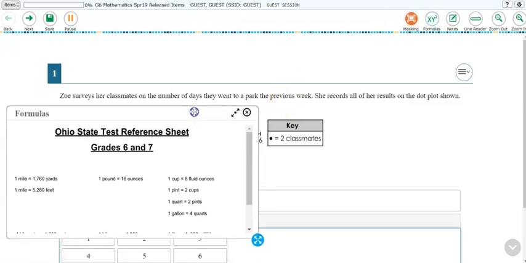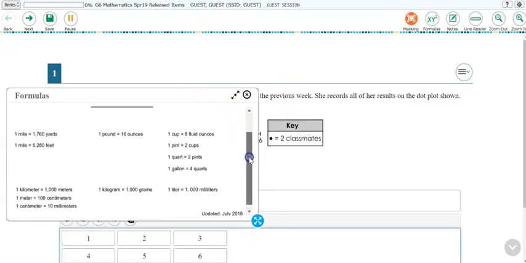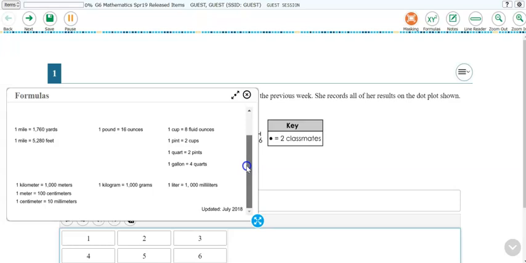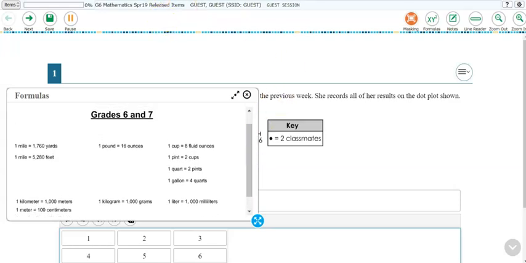Formulas will show you in math the different ratios that you have available to you. So for example, I'm going to use my writing tool and hopefully it works again. If they ask something like, how many yards are in 3 miles? Well, you just use that from your formula sheet that you clicked, and you just take 1,760 times 3, and that'll give you how many yards there are in 3 miles, if that's what it's asking, right?